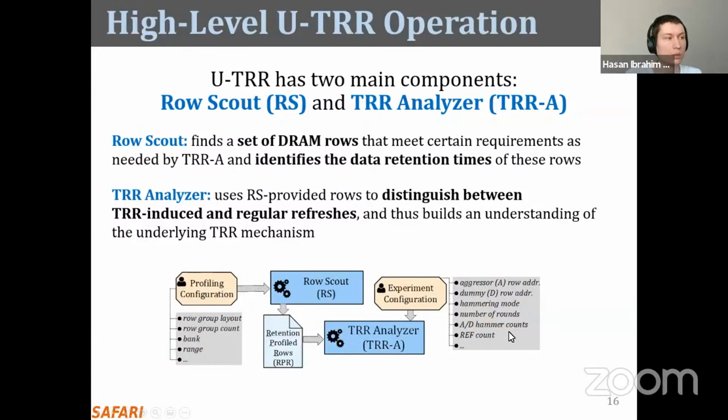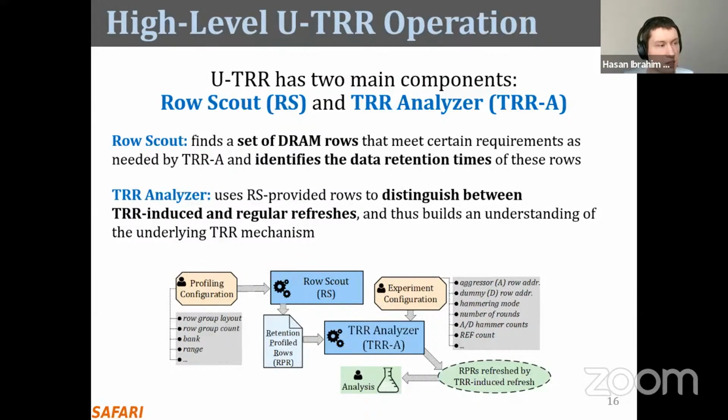These all need to be specified by the user depending on what kind of experiment the user wants to do. To discover the operation of the TRR mechanism, we use this TRR Analyzer to look into many configurations. We did a sensitivity study on all of these parameters that you see here in order to get some observations that will help us build a complete understanding of the TRR mechanisms.